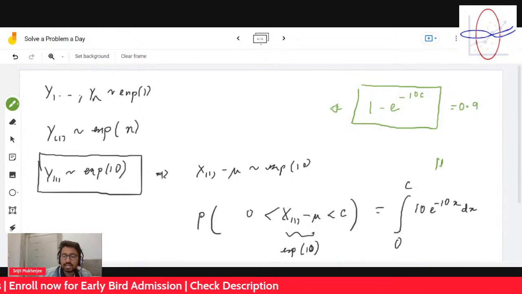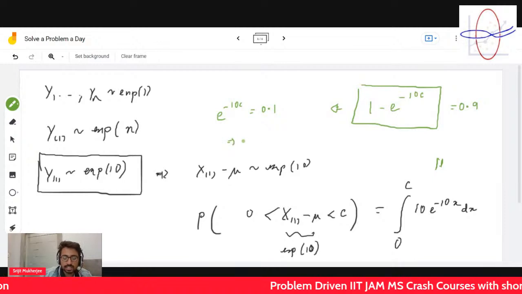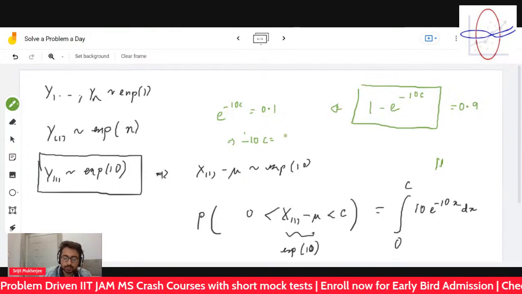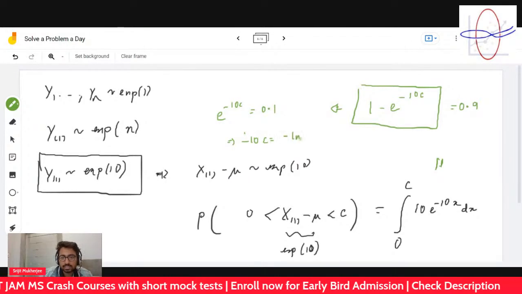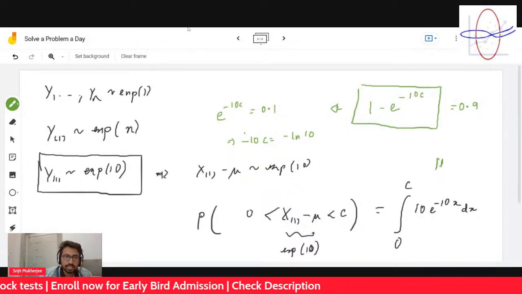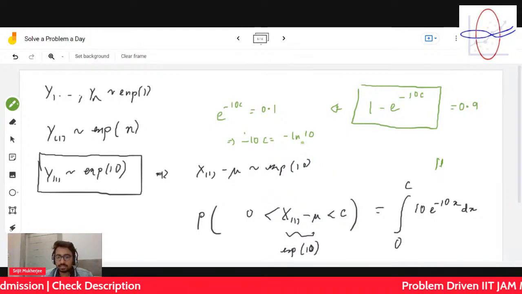So we get that e to the power minus 10c is equal to 0.1, and we get that minus 10c is equal to ln of 1 by 10, which is minus ln 10. Ln is base e, right?